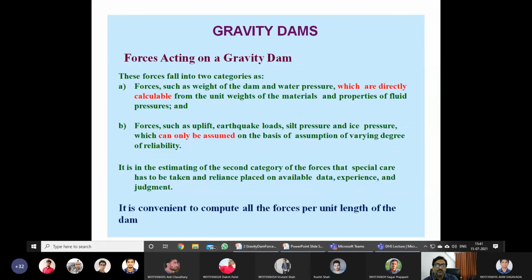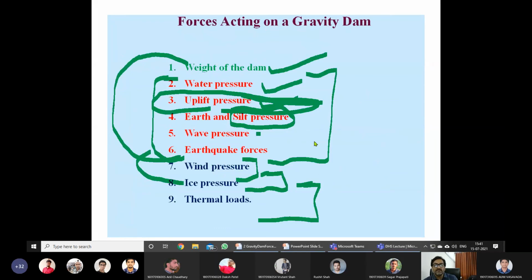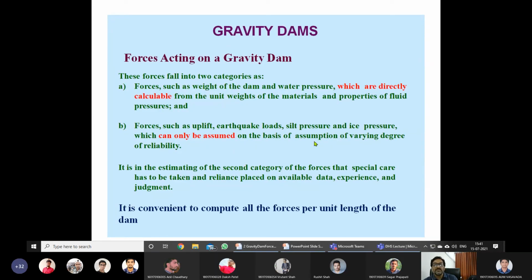The point on this particular slide is that out of these 9 forces, there are some forces which are directly calculable from their unit weights, like the self weight of the dam, the weight of the water, the weight of the silt. All these we could calculate directly, but the wave pressure and the earthquake pressures can only be assumed.